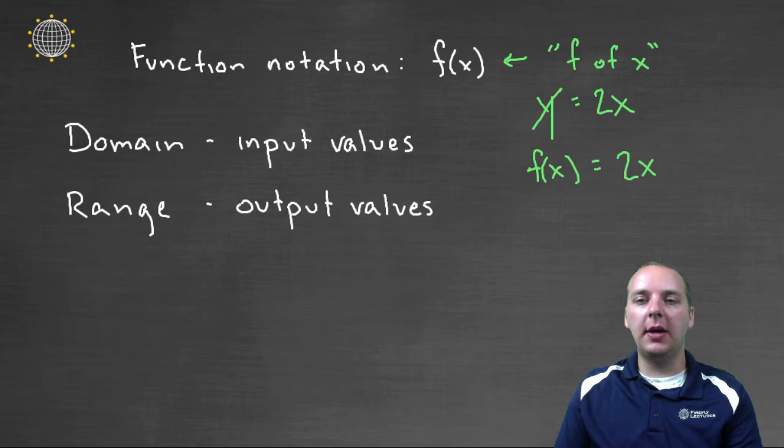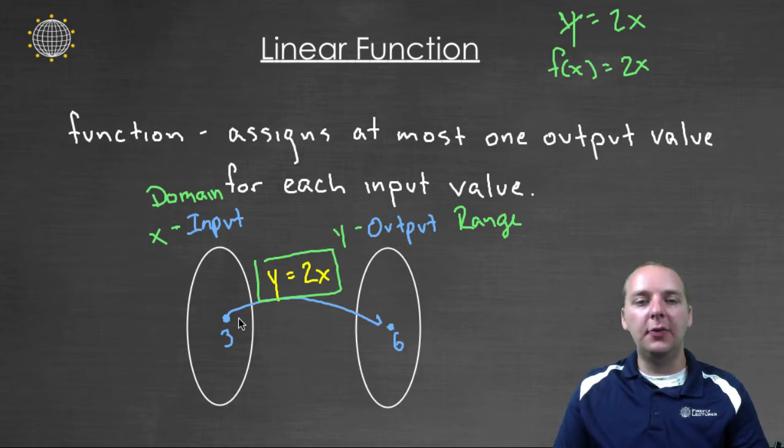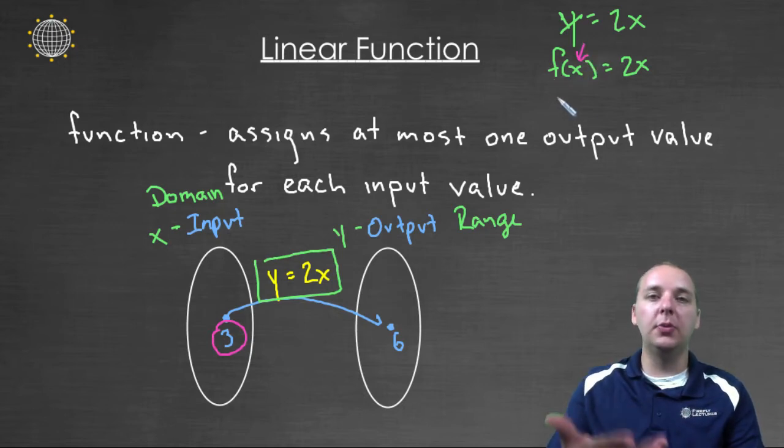So let's come back here to this previous page here. All right, so when we had y equals 2x and we replaced the y with f of x equals 2x because this was a function, then if you want to evaluate that function maybe at a number like 3, then what you would do is you would take this x out right here and you would replace it with a 3.